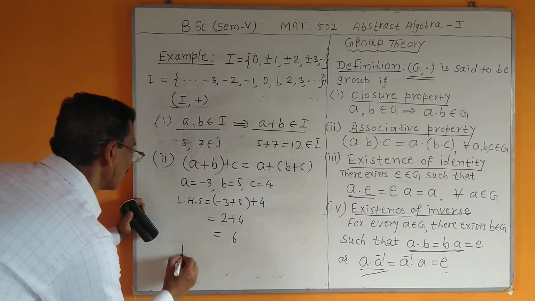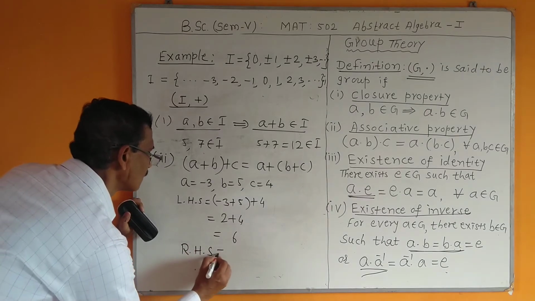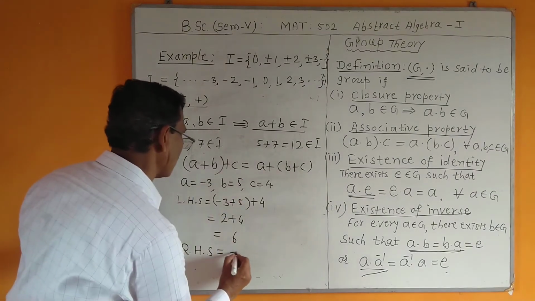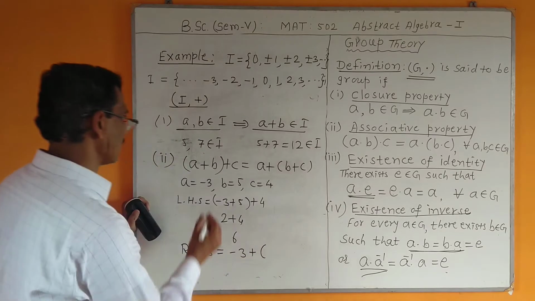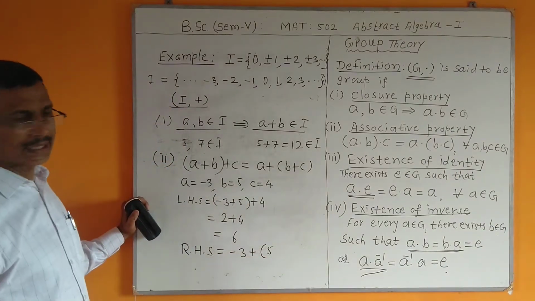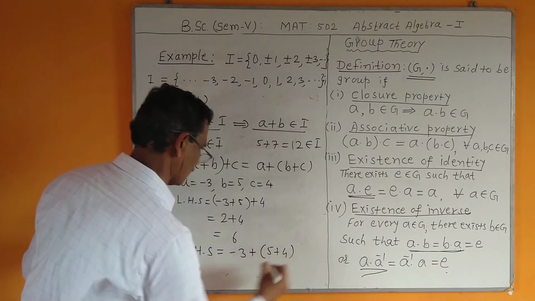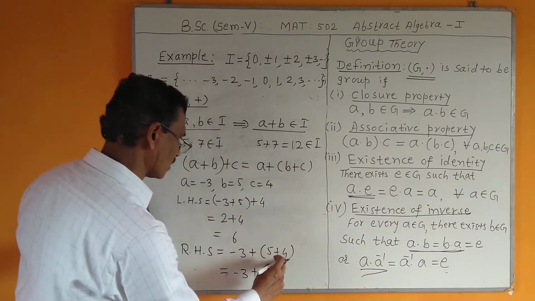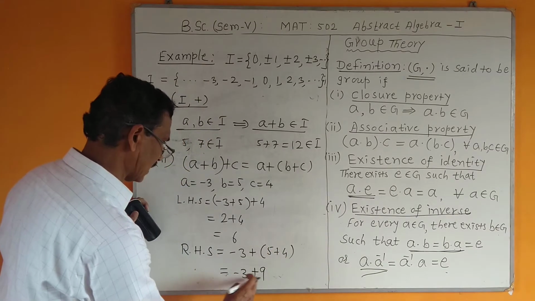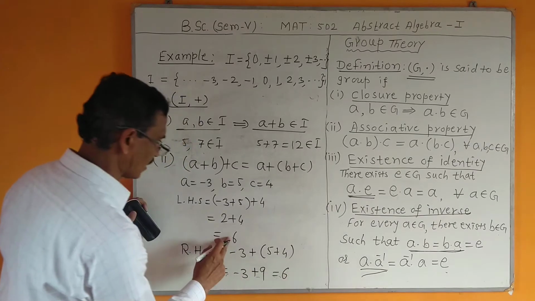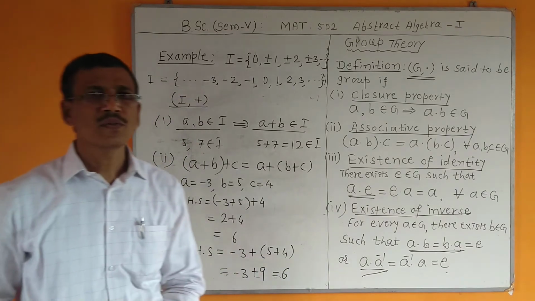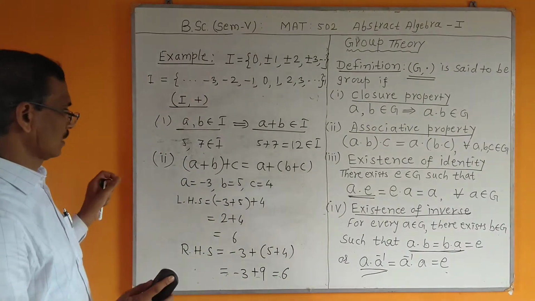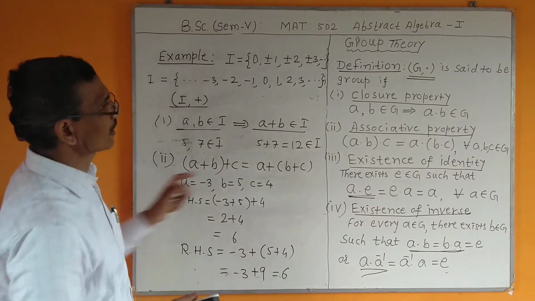Now consider the right hand side: -3 + (5 + 4). This is -3 plus 9, which is equal to 6. You can observe that the left hand side is equal to the right hand side. That means for integers the associative property is satisfied. This second condition is also satisfied.